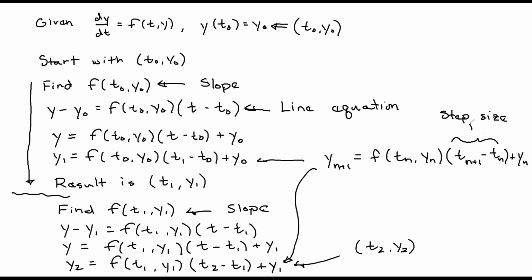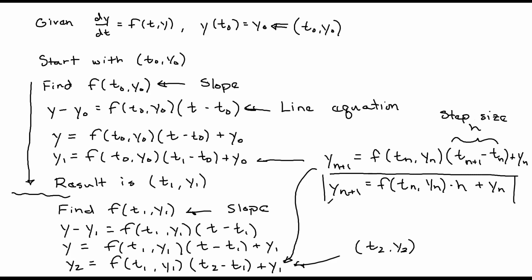So we're going to replace it with h, since it's the same every time. And so our final formula for applying Euler's method is going to be this formula. And that's where the method comes from.